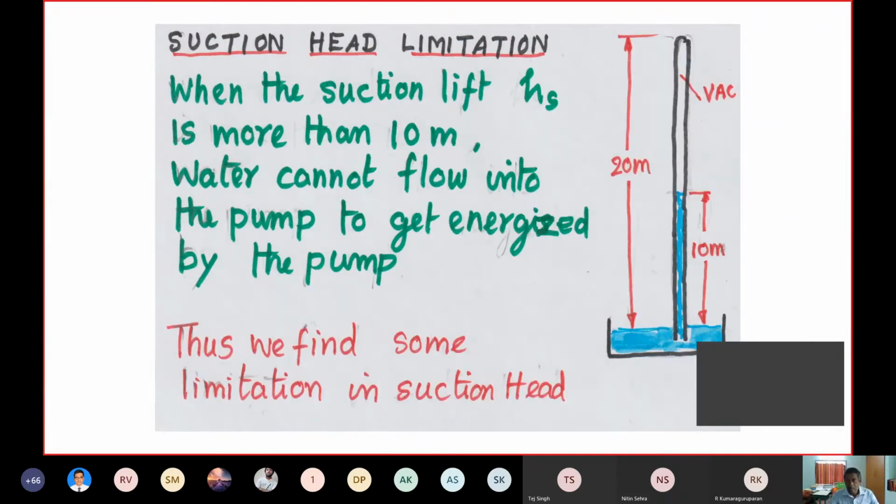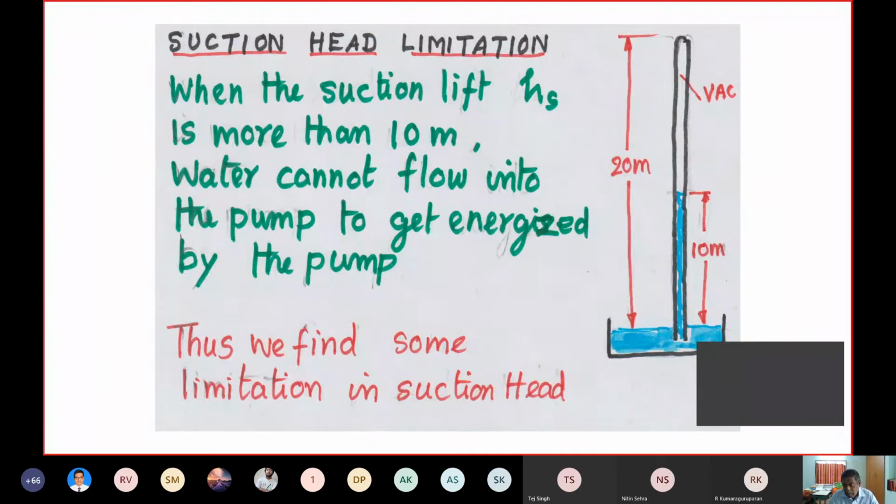Okay, now coming to the suction head limitation. When the suction lift Hs is more than 10 meters, water cannot flow into the pump to get energized by the pump. So if we have a 10 meter barometric tube, water will rise up to only 10 meters.